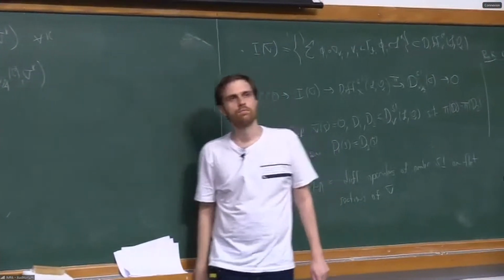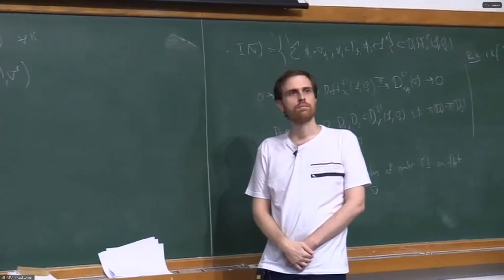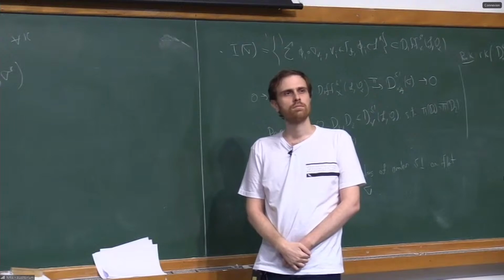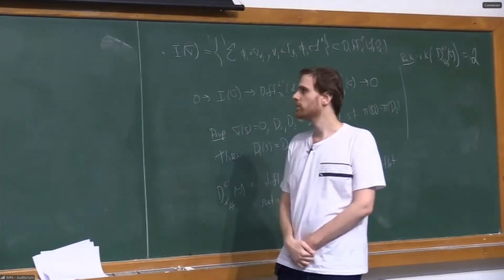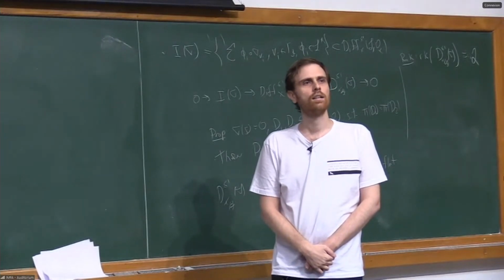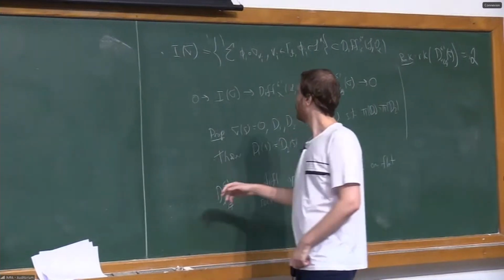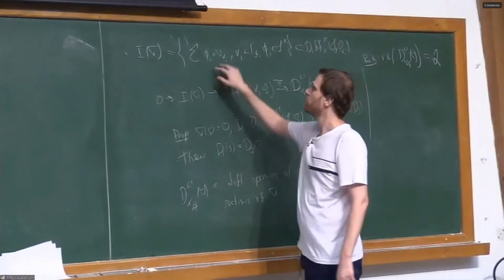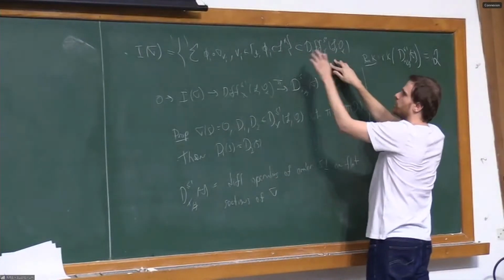And the construction of these connections is like passing through this ideal you define. How is the construction of this for higher k? So it's very similar. You consider this kind of sheaf.